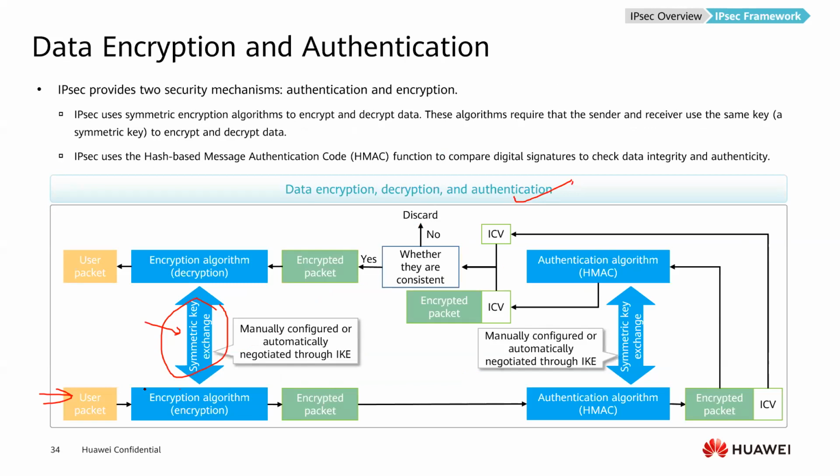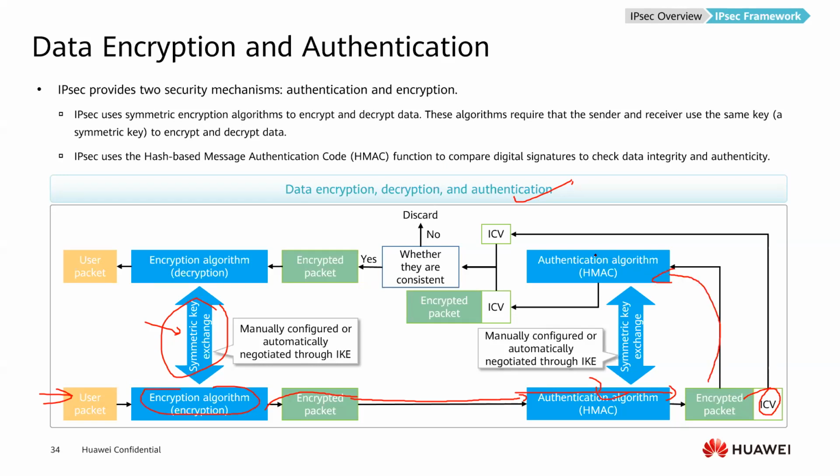And they will do the encryption and send out the encrypted packet. When it is forwarded out, they will also do the hash, and this hash will be put behind the packet, at the tail, and sent out.